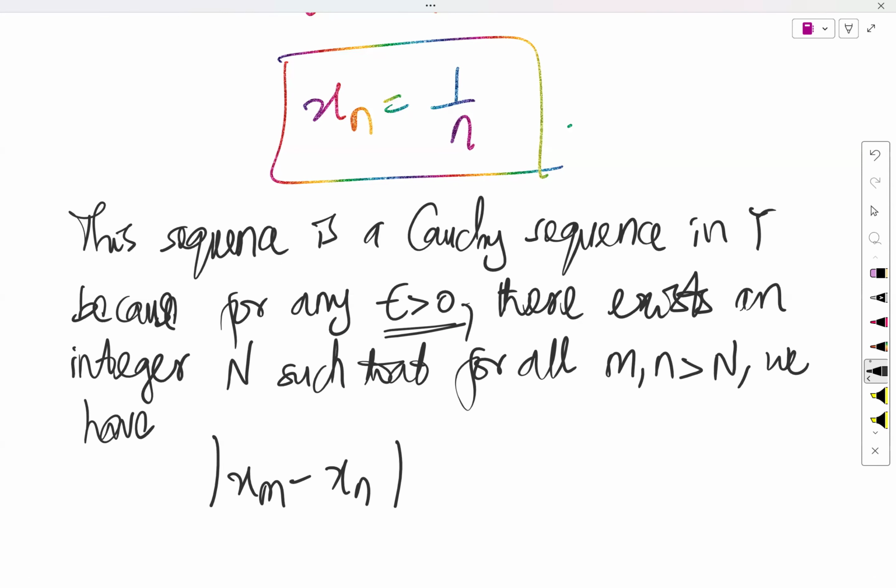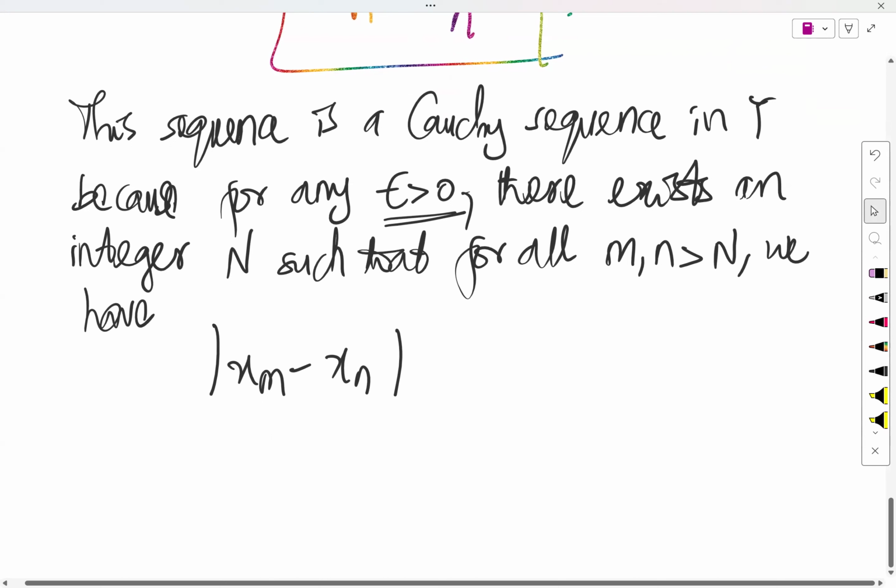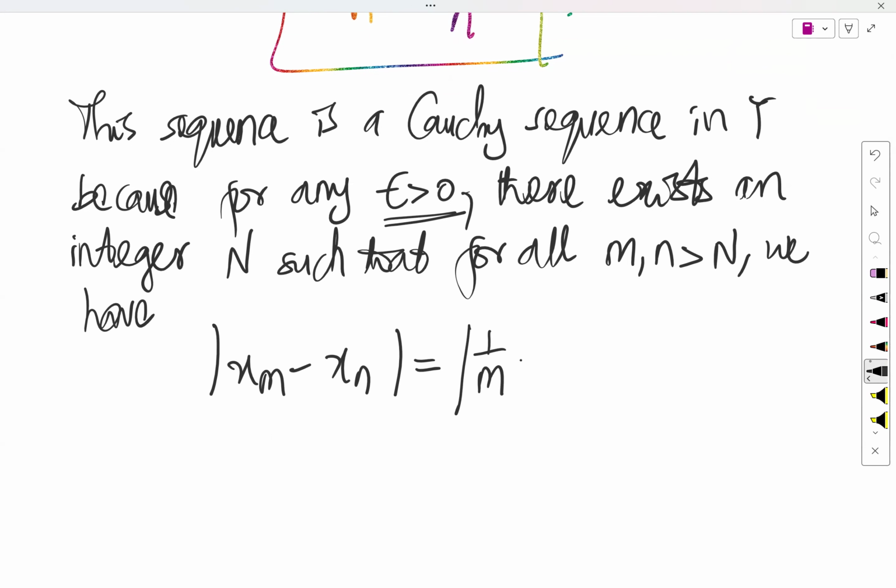That's consecutive terms, right? The difference between them is equal to the absolute value of 1 over m minus 1 over n, and that is always less than that epsilon, that small number.